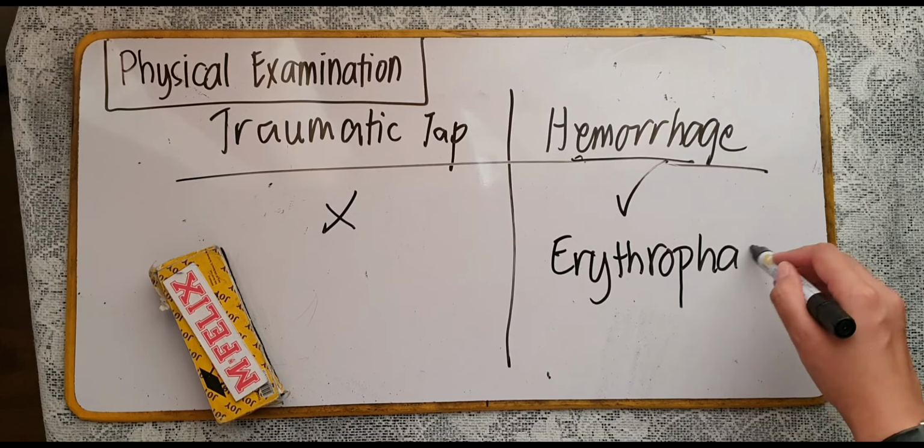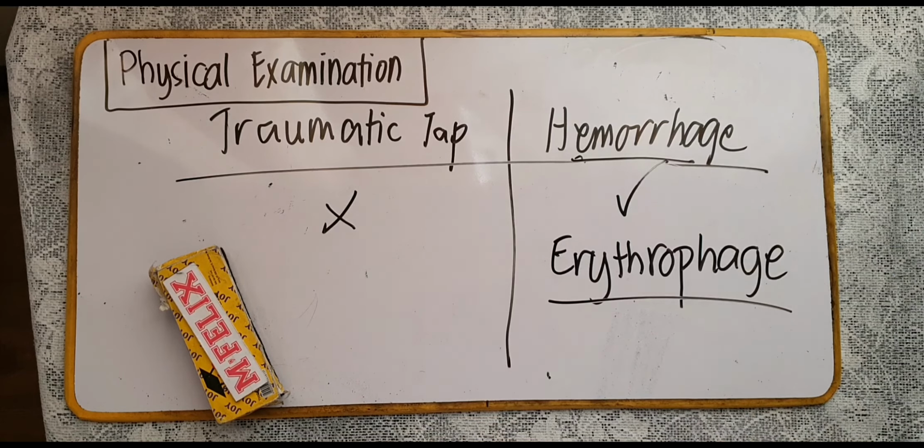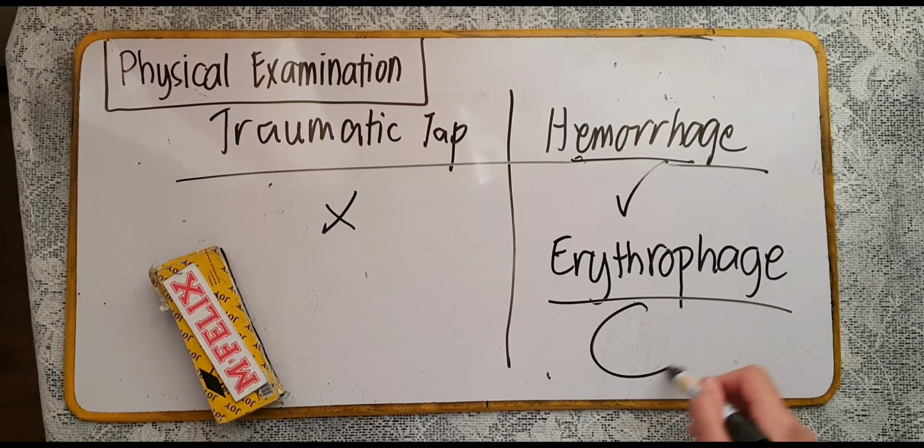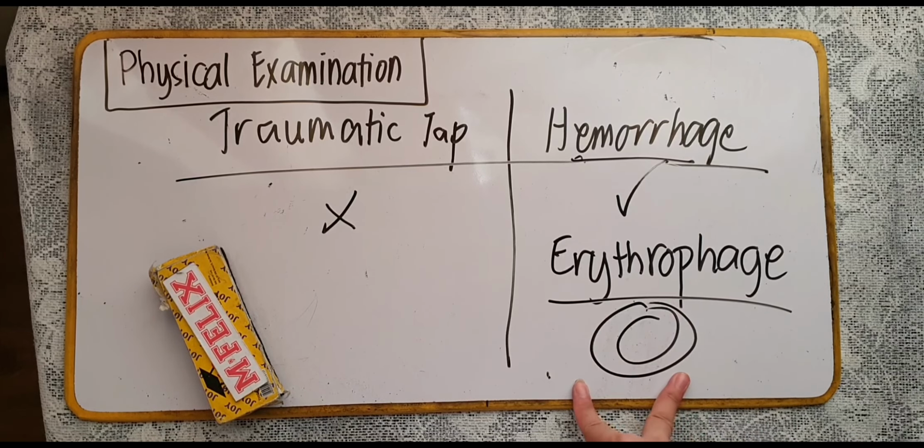Okay? Erythrophages. Your erythrophage class, it is actually a type of macrophage that has ingested RBC. Yang macrophage na yan, merong RBC sa loob niya, indicating of a previous hemorrhage. Okay?